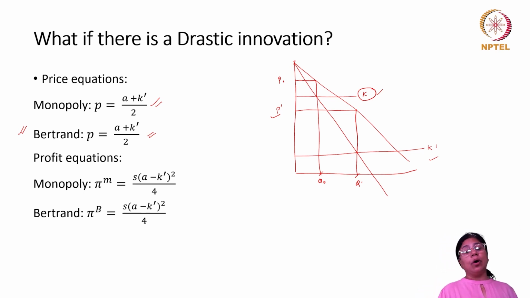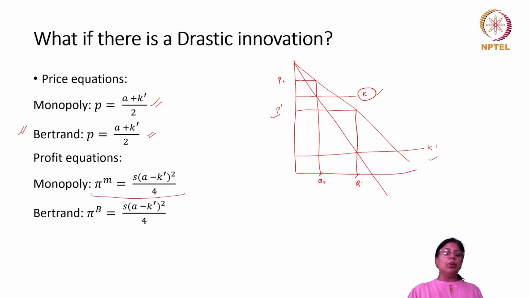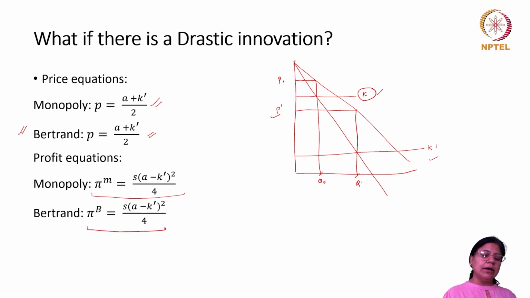Now we have seen in case of a non-drastic innovation, the monopolist's innovation was eating into its existing profit. Clearly, the same circumstance arises with respect to drastic innovation; that also once again is eating into the existing profit of the monopolist. But from a Bertrand point of view, there is no such loss. As a result, the profit for the monopolist under K prime would be S into (A minus K prime) whole square by 4, and that of the Bertrand competitor will also be the same.